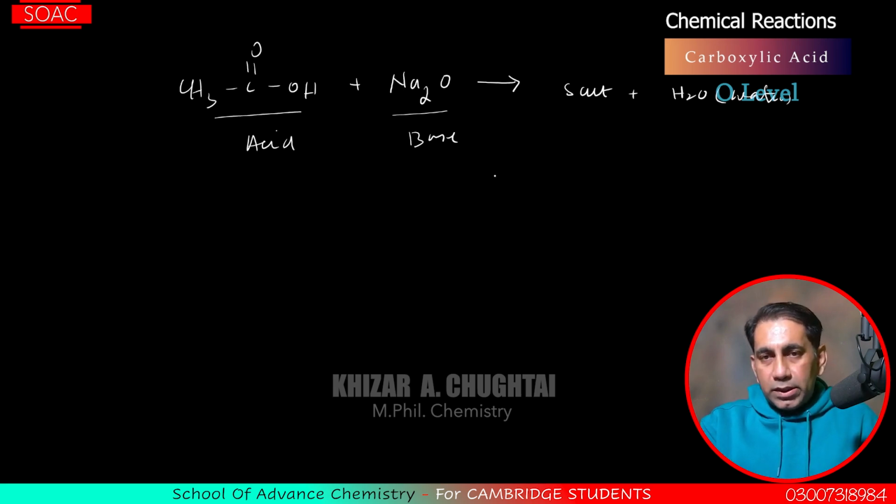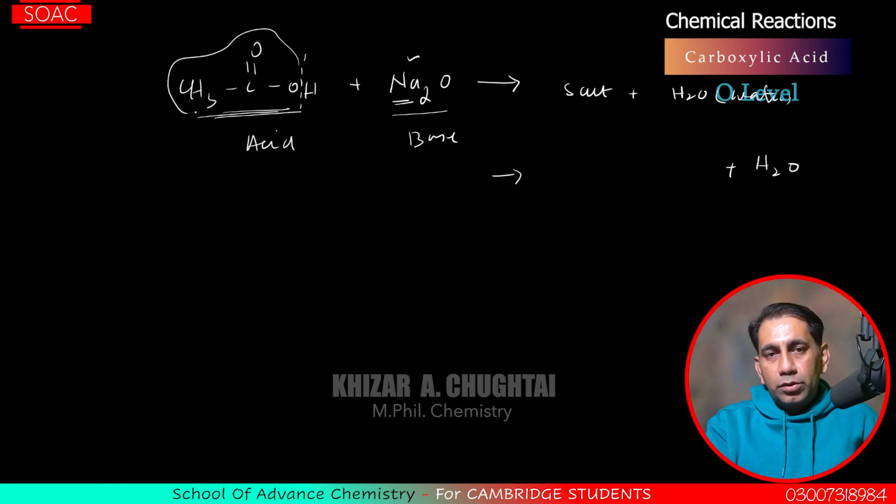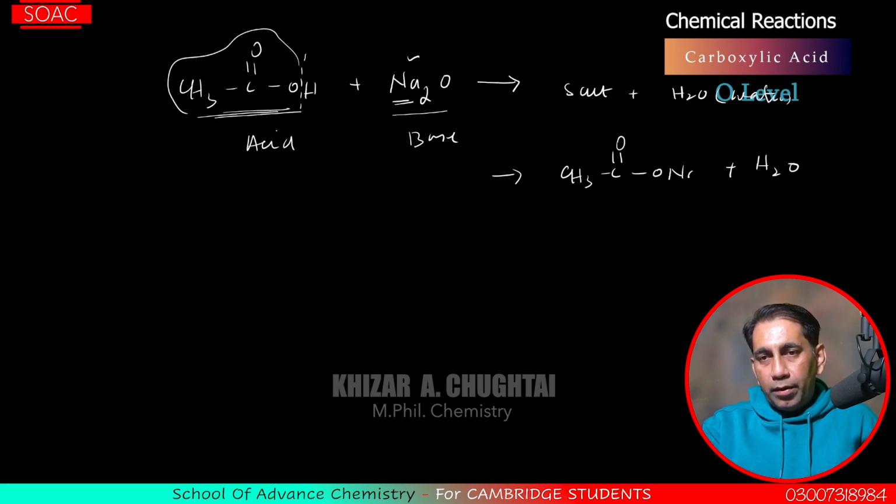So what is the salt in this case? As you know, water is the same, H2O, plus. Again, this bond is broken down, metal is taken from here, the negative portion is taken from this portion, and we are going to make salt, CH3C double bond O, O, Na.